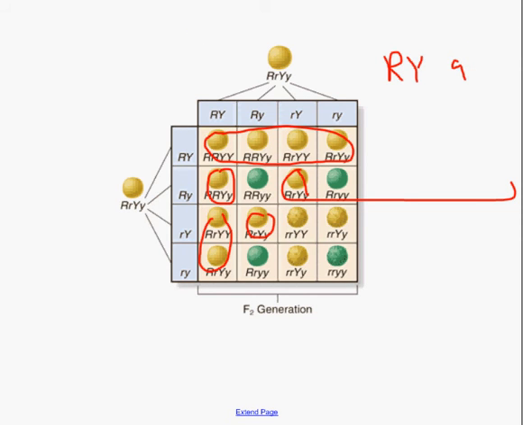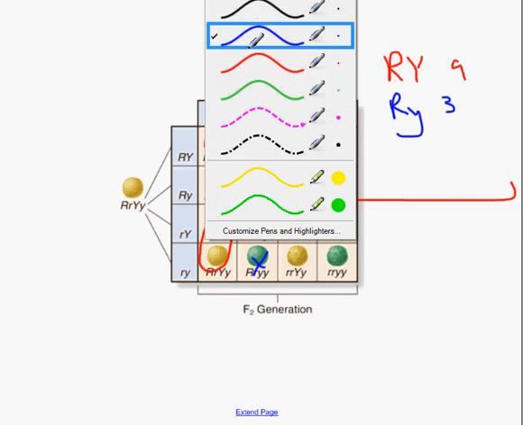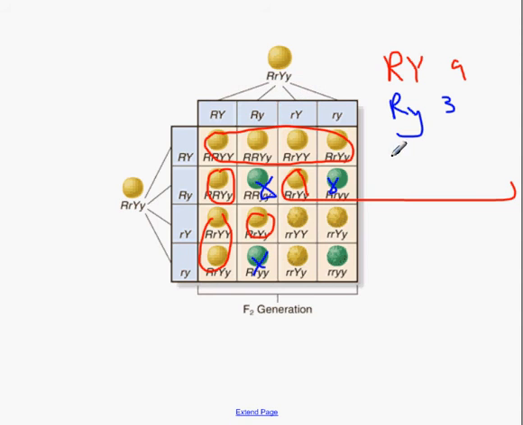How about the next one? Who would show up as being big R and little y? Well, there's one over here, right? And that one, right? Who else is big R, little y? That guy. Ah, we have 3. And let's do the next one. Who would show up as a phenotype that had little r and big Y?